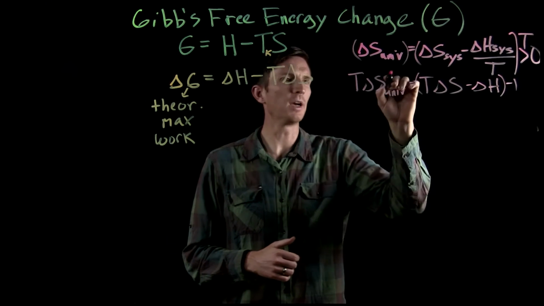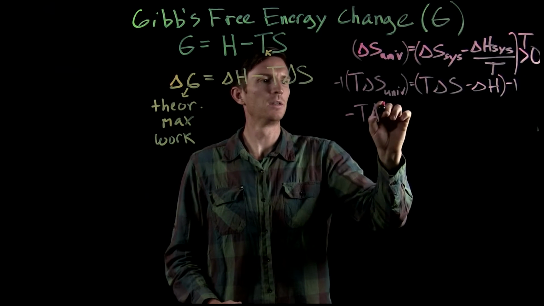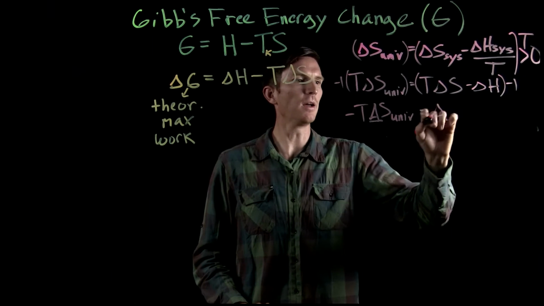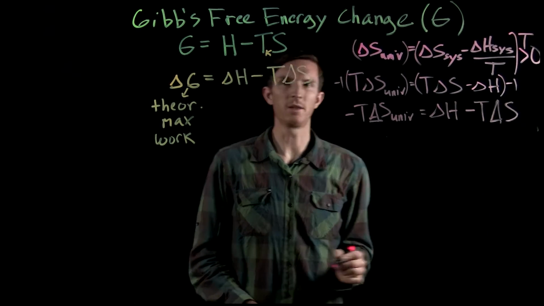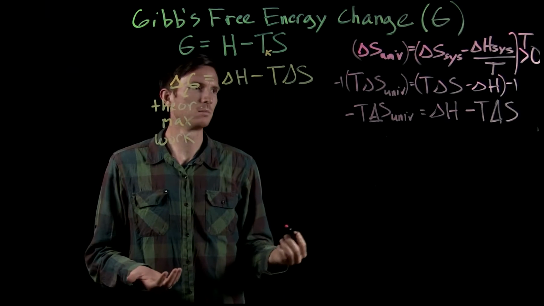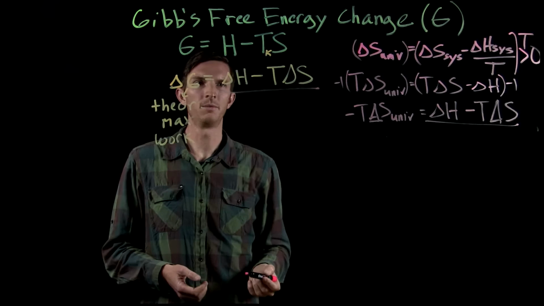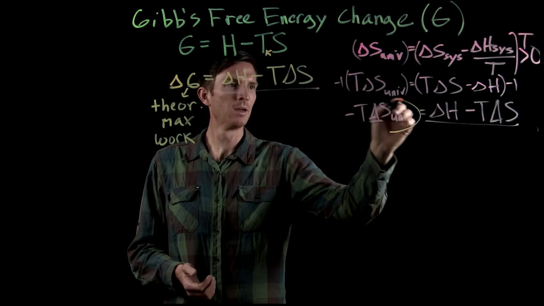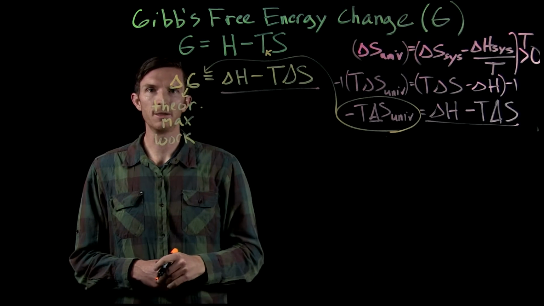Then I'm going to multiply both sides by -1. So that gives us negative T delta S of our universe equals delta H minus T delta S. And what does that look like? Well, that looks a lot like this, right? And so we see, now we can say, well, that is actually equal to our Gibbs free energy.